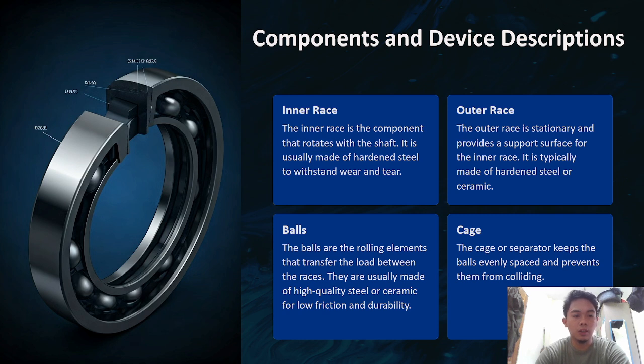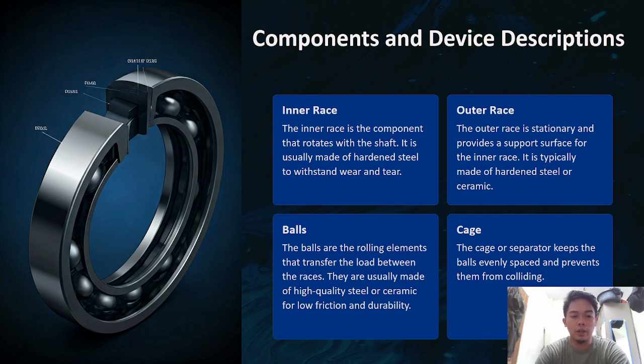These balls play a crucial role in transferring load and reducing friction during operation. They allow the parts to move smoothly, enabling efficient function of machinery. Typically made from high-quality steel or ceramic, the choice of material is significant.